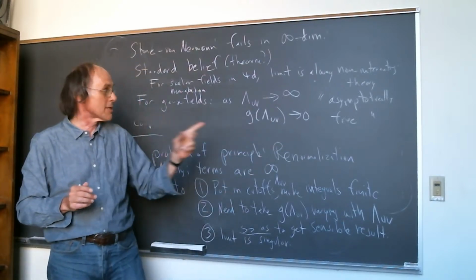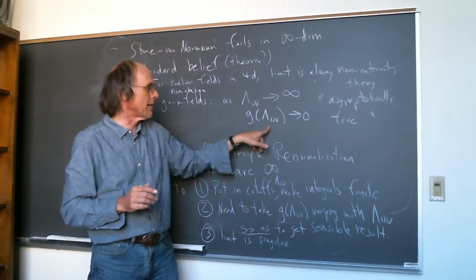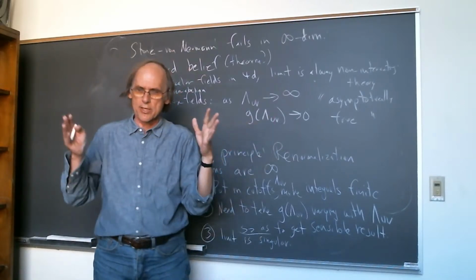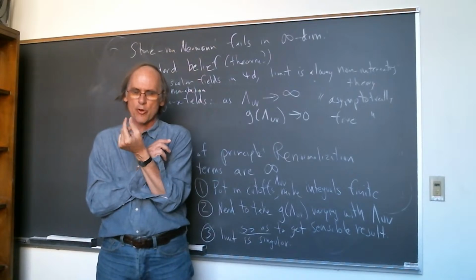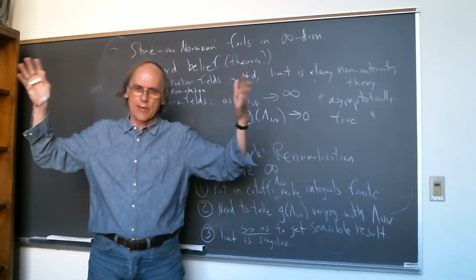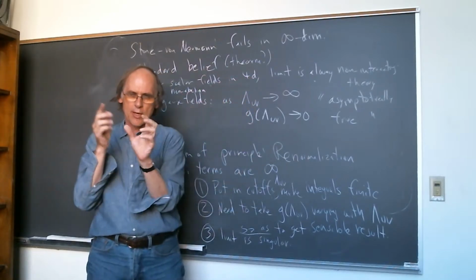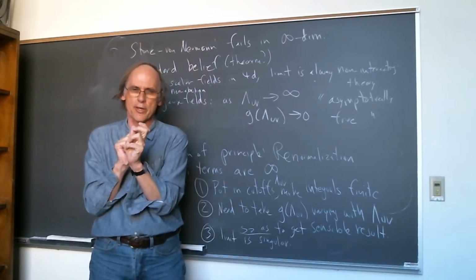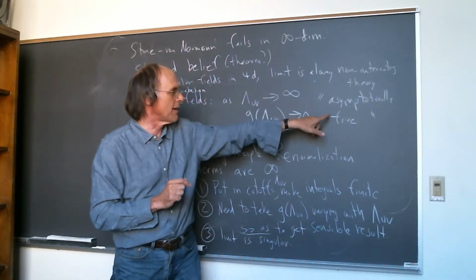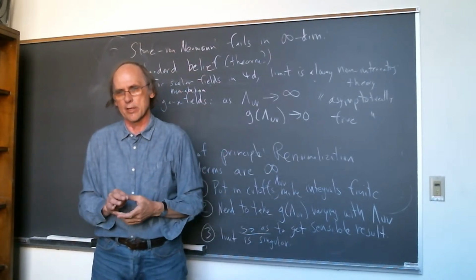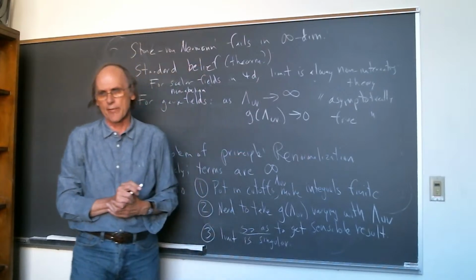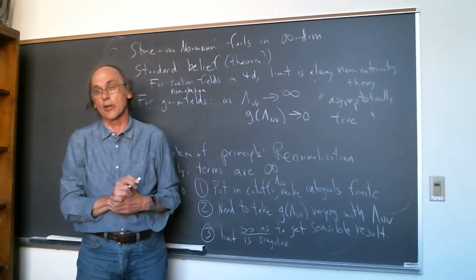And so what this is telling you is that as you try and understand what's happening at shorter and shorter distance scales, given the fixed physics at long distance scales, the theory is approaching a free theory. It's approaching a theory of uncoupled oscillators. So this is what we believe is true for this SU3 factor, for gluons.